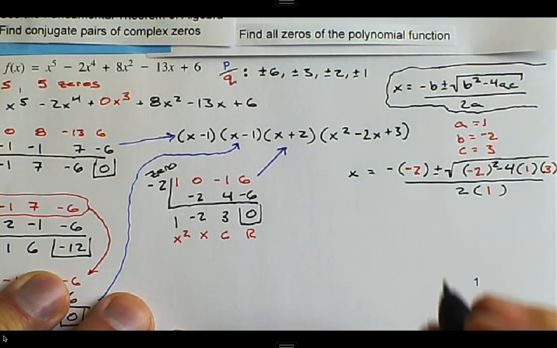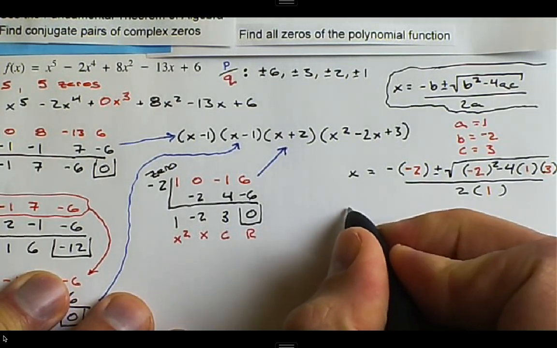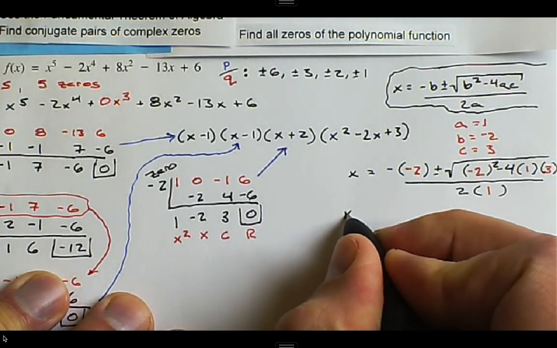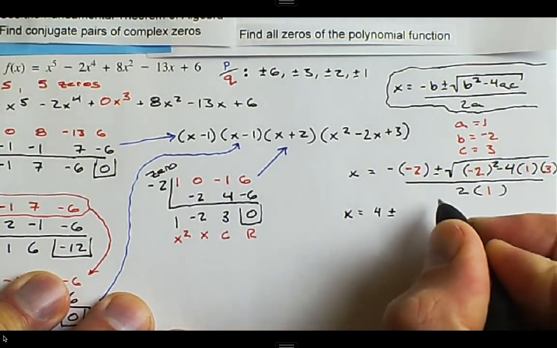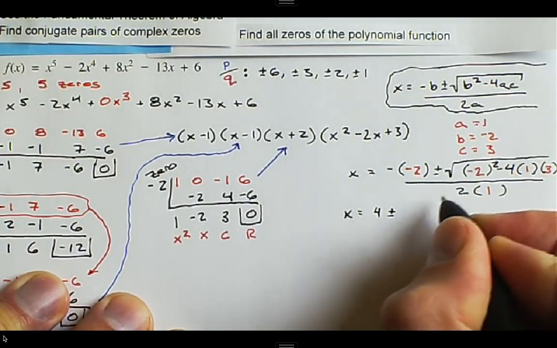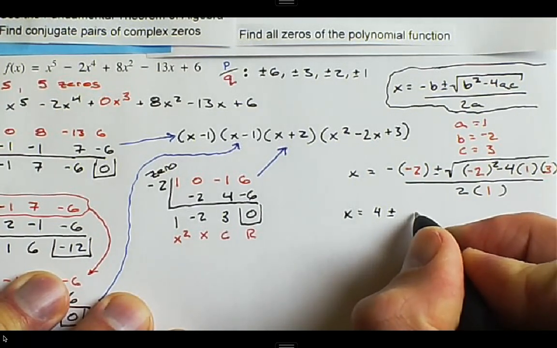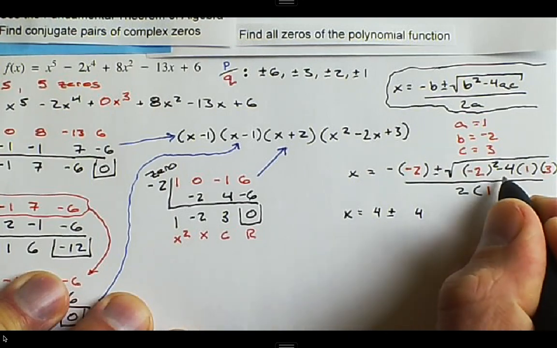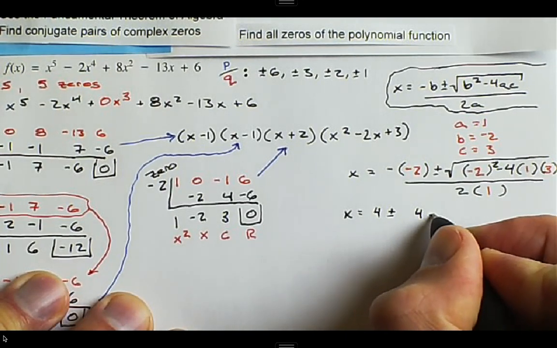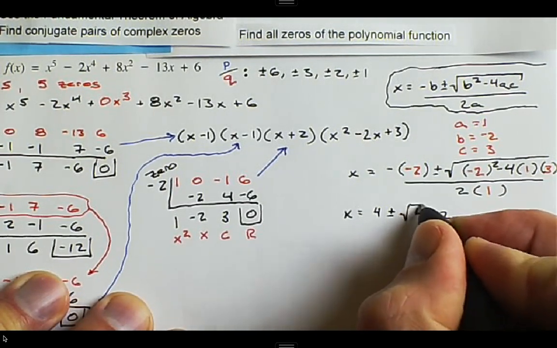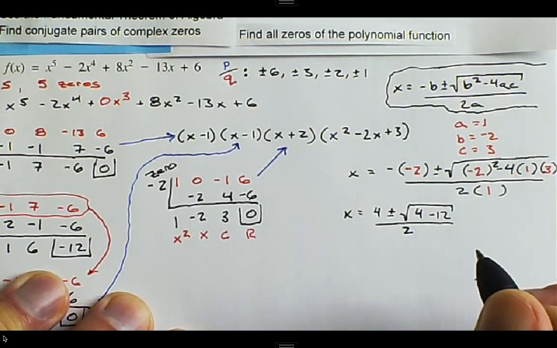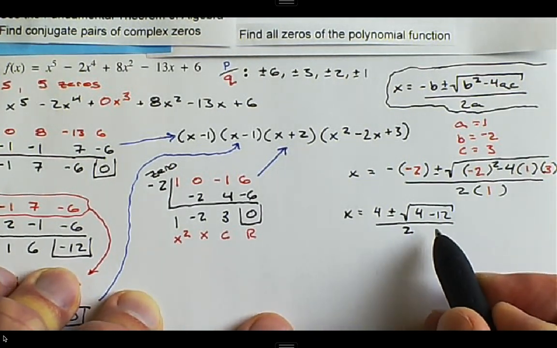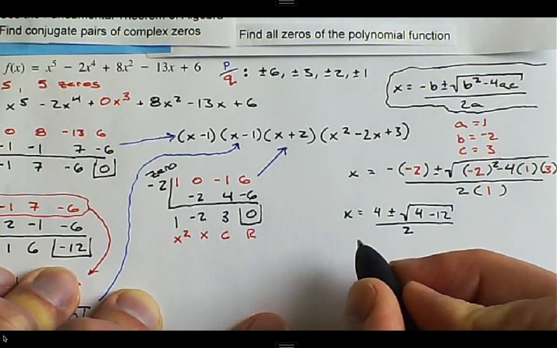And then we can start simplifying this. So we get x is equal to negative times negative is positive 2, plus or minus the square root of -2 squared, which is 4, and negative 4 times 3 is negative 12. That's all under the radical. And we're going to divide by 2. Under the radical, we get negative 8.